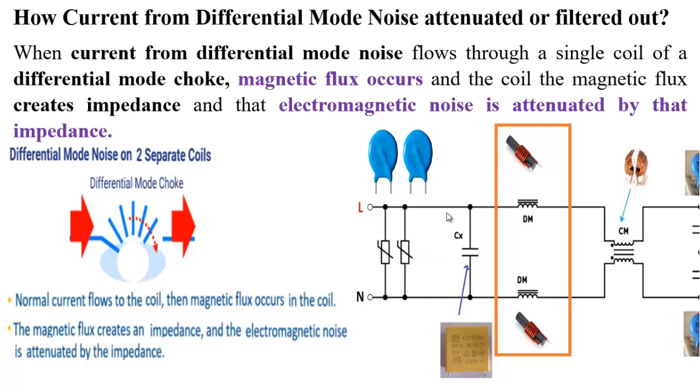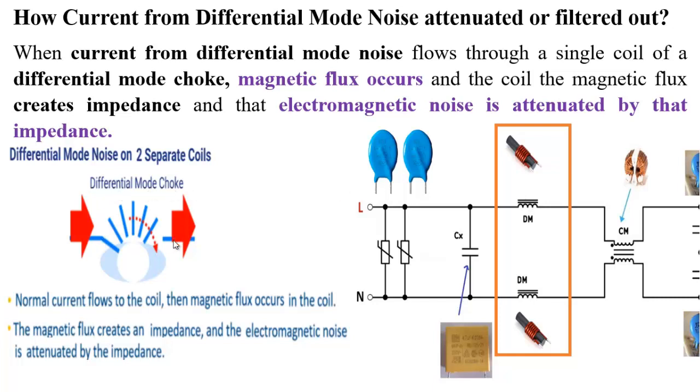That means when differential mode noise flows in this path, then magnetic flux occurs here, and this magnetic flux creates an impedance, and due to this impedance, differential mode noise is attenuated or filtered out.